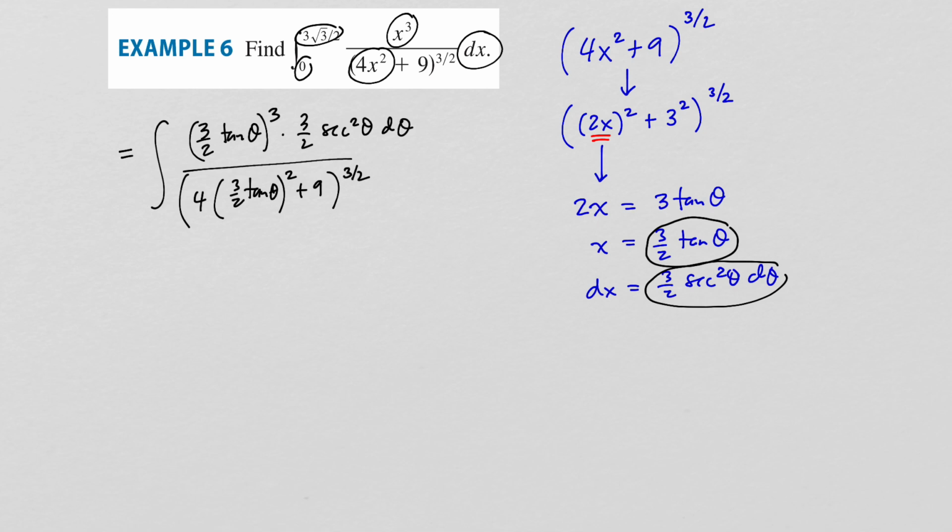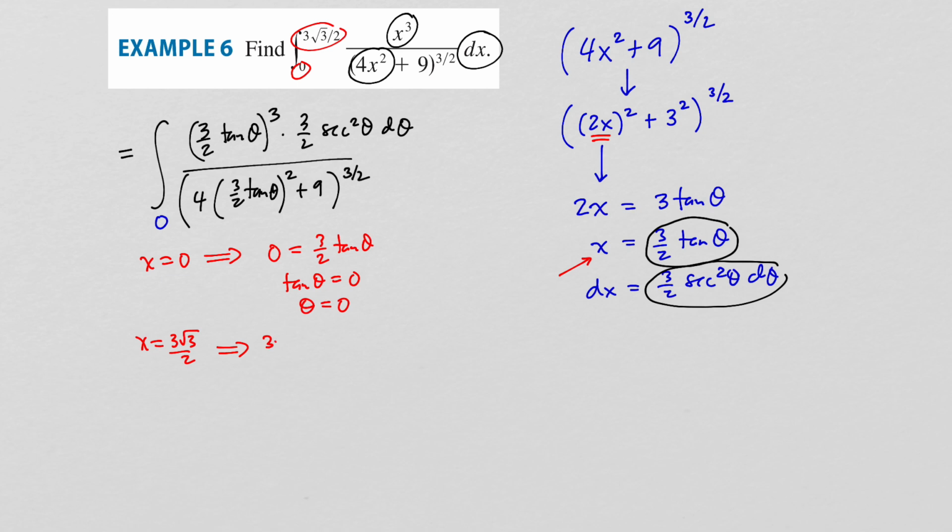Now what about the limits here? When x is 0, if I plug in x equals 0 here, we get 0 equals 3 halves tangent of theta. This means that tangent of theta is 0, which means theta is 0. So our lower limit is going to be 0. The upper limit, 3 radical 3 over 2 for x.